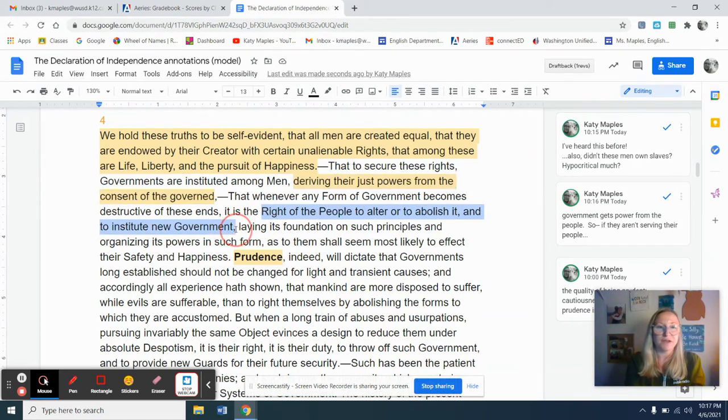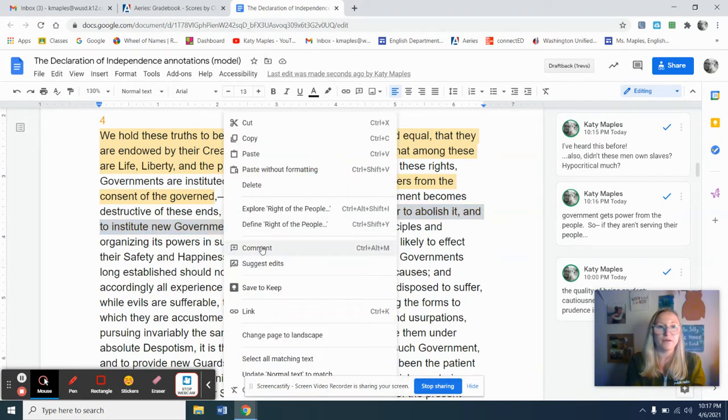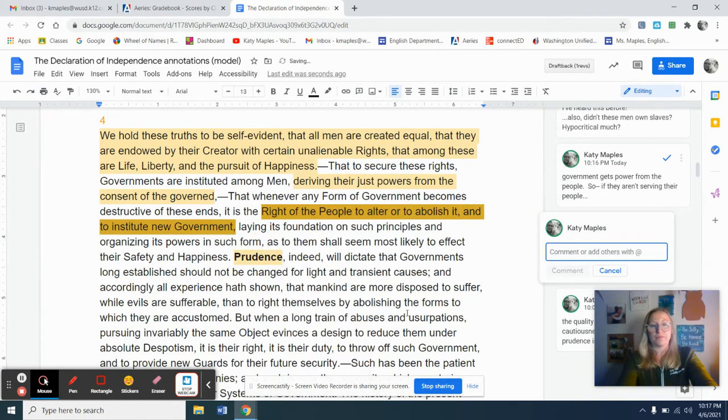So this is the important part here. If the people aren't being properly served, rights protected by government, it is their right to change or get rid of it.